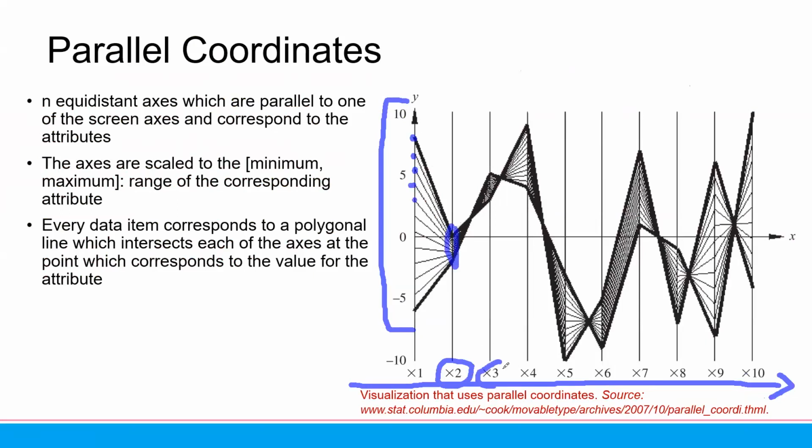When x equals 3, we can see every one of the y. Usually this kind of data is a time series. So we can see where is the minimum and where is the maximum. This is the minimum, this is the maximum. Using this kind of time series, or if we have several y data, we can use these parallel coordinates.